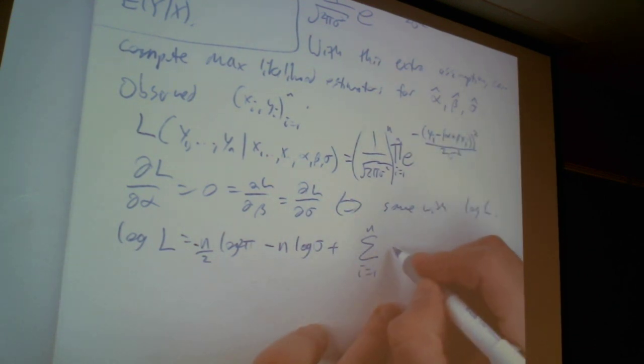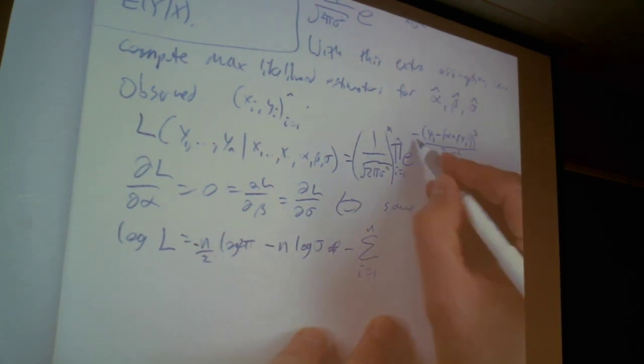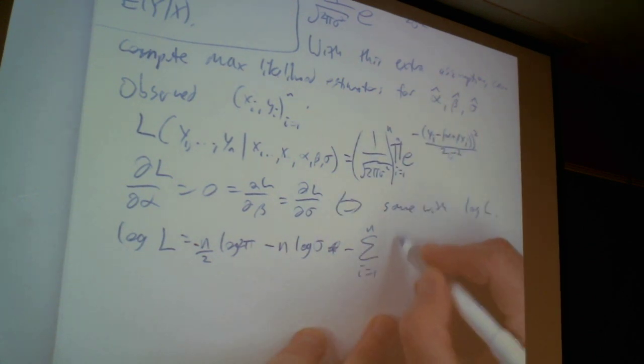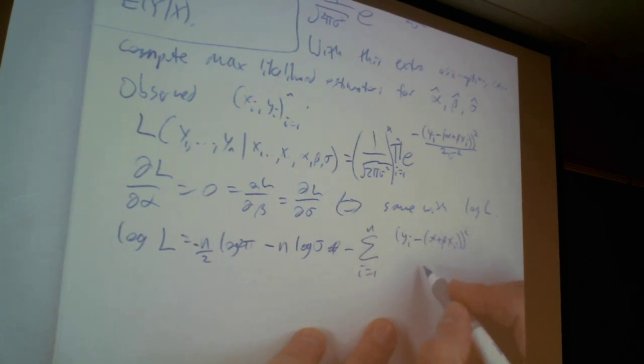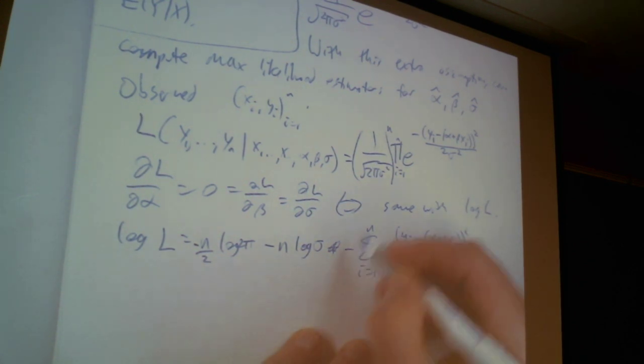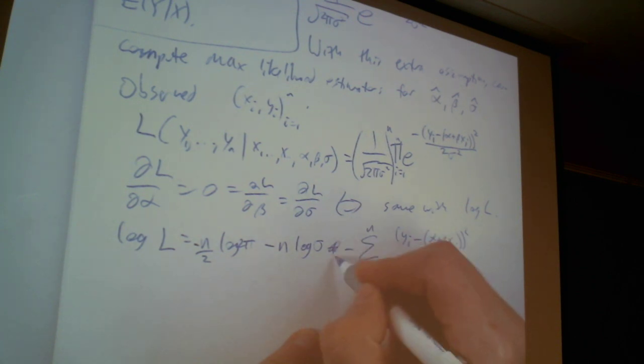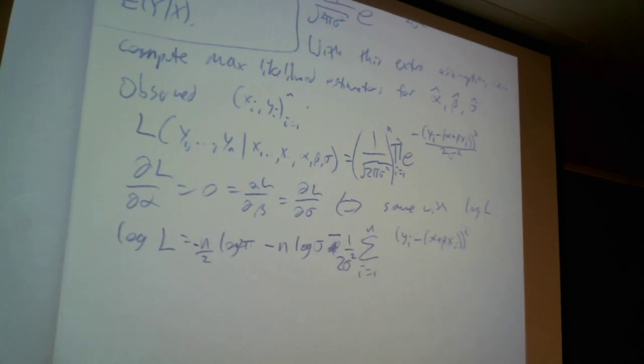So what do I have here? I put a minus sign, yi minus alpha minus beta xi squared over 2 sigma squared, which I can pull out: 1 over 2 sigma squared with a minus sign, and then I don't need a denominator.